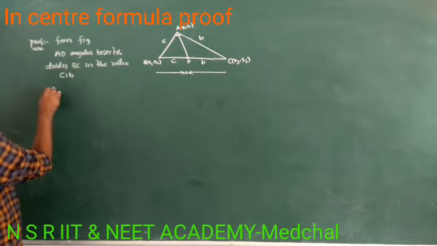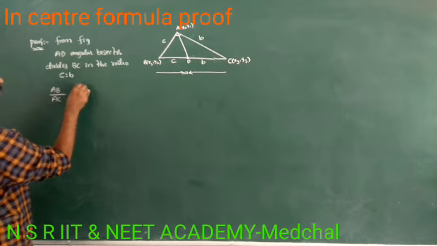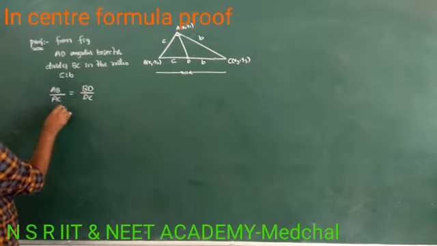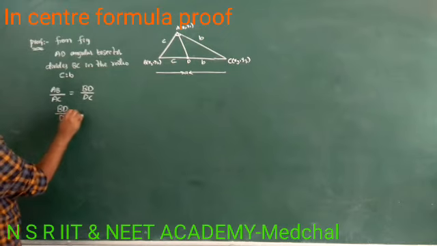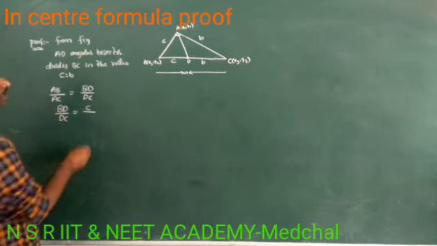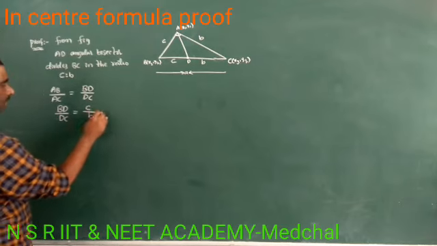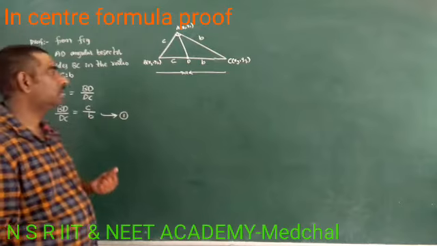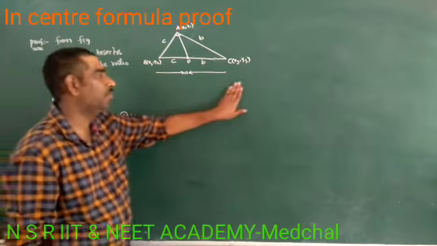From the figure, AB by AC is equal to BD by DC. AB length is c and AC length is b, so BD by DC is equal to c by b. Take this as equation number 1.